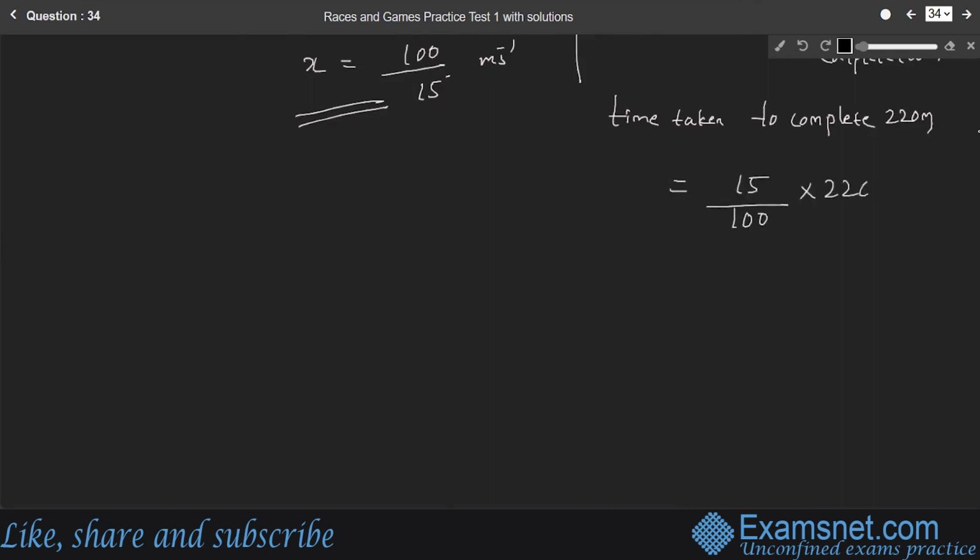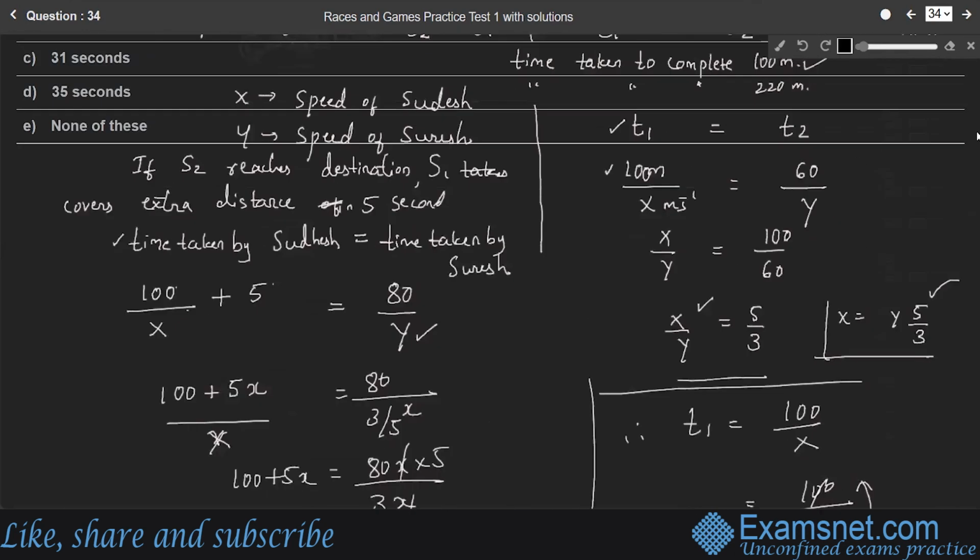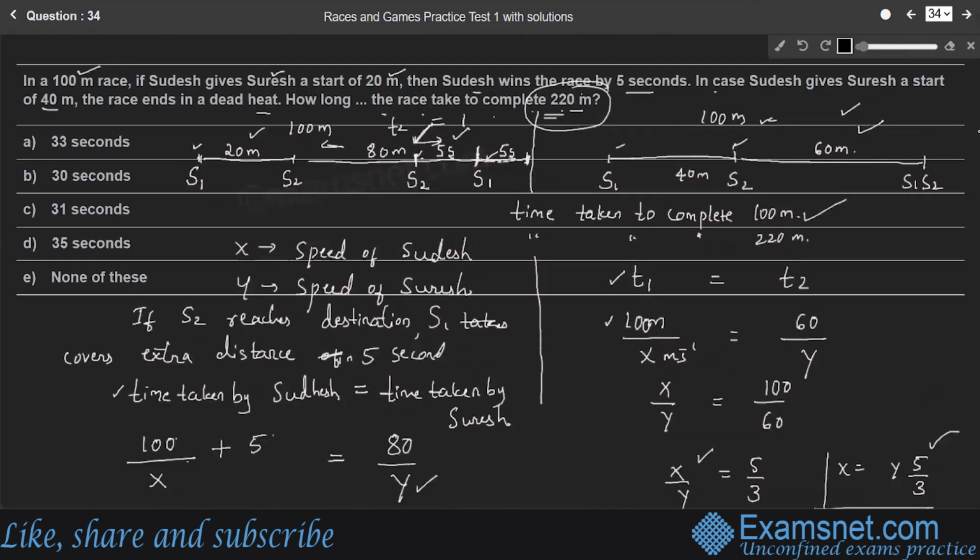Therefore, to complete 220 meter, 5 into 3, 5 into 20, so 20 into 11, therefore 11 into 3 is 33 seconds. So time required to complete the 220 meter race is 33 seconds. Hence, look at the options. Option A is the right answer.